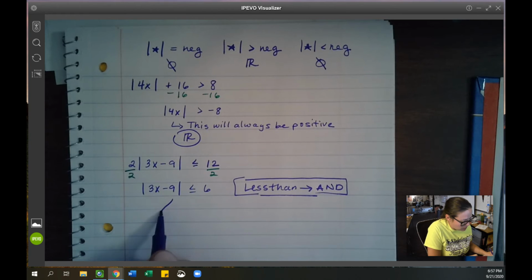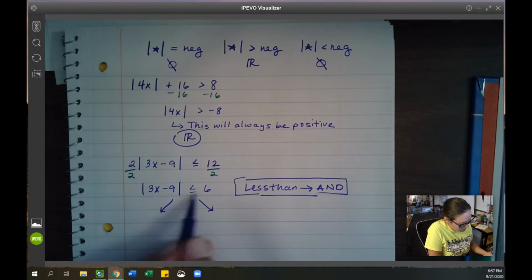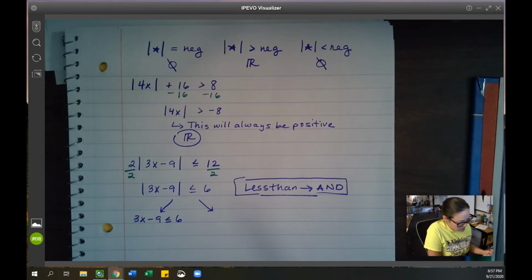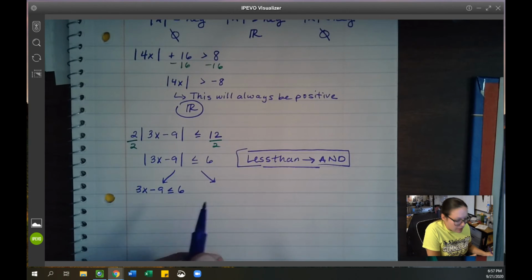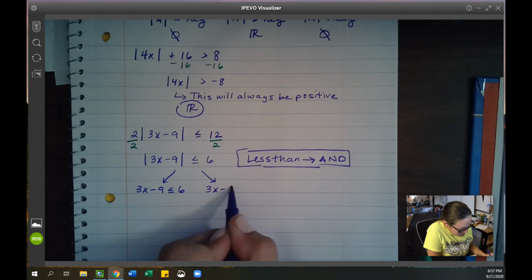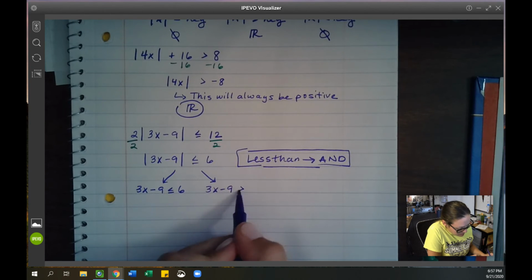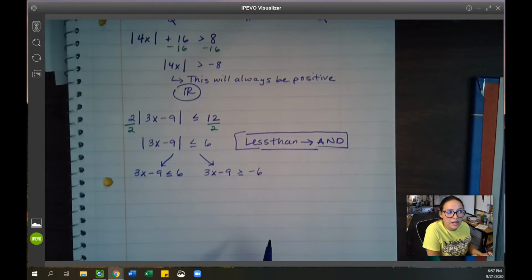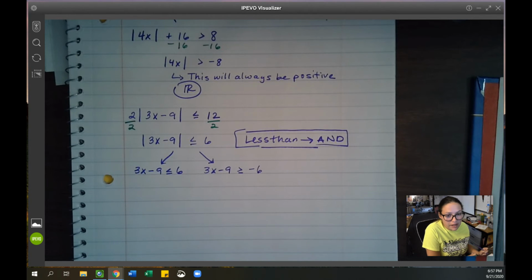Let's set up our two inequalities. My first one is going to be 3x minus 9 is less than or equal to 6. Exactly the same as what we had. The other one is going to be 3x minus 9. Flip this and make that negative. 3x minus 9 is greater than or equal to negative 6. And now we solve.